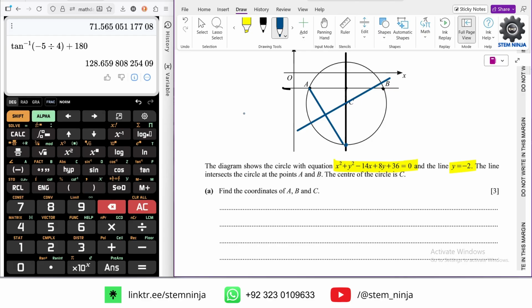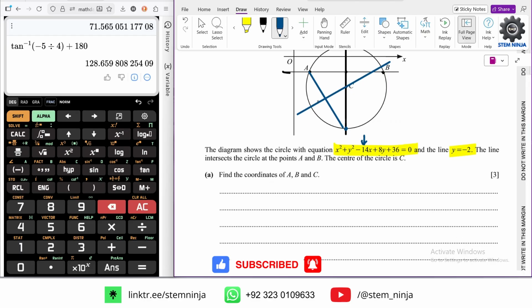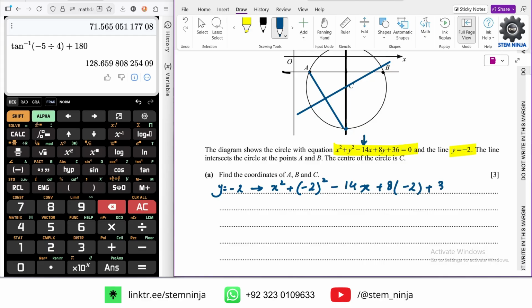So there are multiple ways to handle this. I think the easiest one to find the center is to just complete the squares for this. However, for A and B, it's easy. So you just plug in y is equal to minus 2. So you have x squared plus minus 2 whole squared minus 14x, plus 8 times minus 2 plus 36 equal to 0.